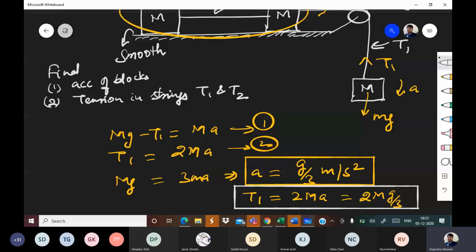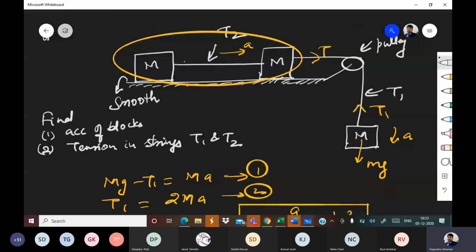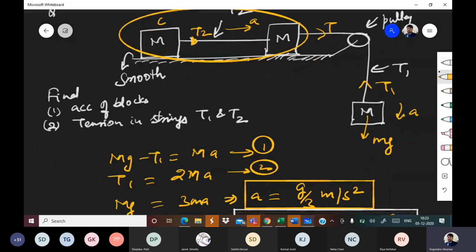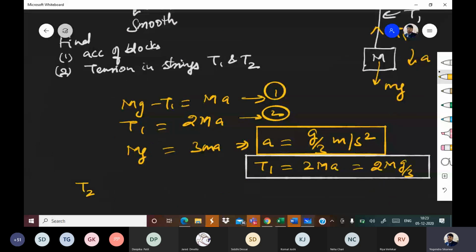Now if we talk about T2, listen very carefully. T2 is causing the motion of this block C. So T2 is equal to Mc into Ac. Mc is m and Ac is a, which is g by 3.